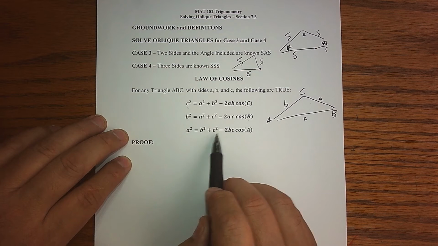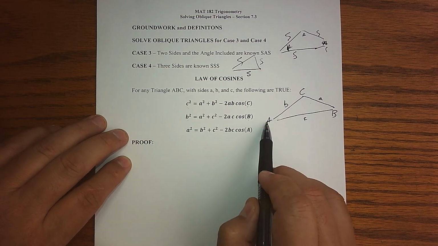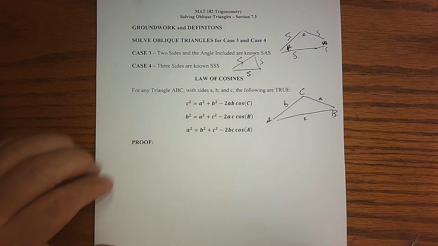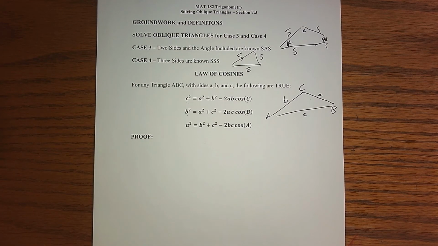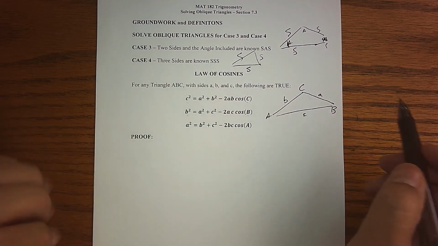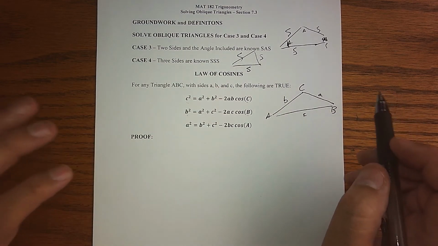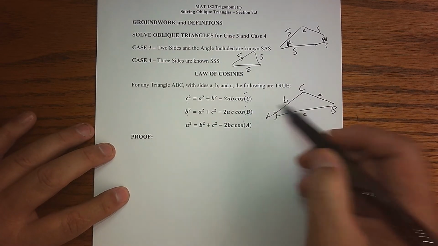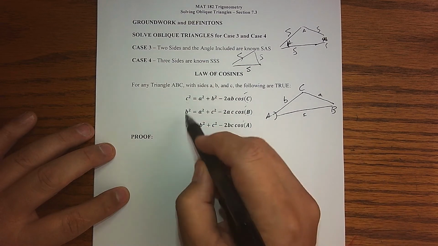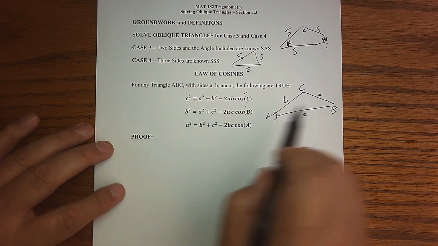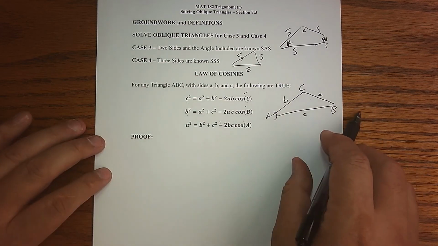And last but not least, if we have the cosine of angle A, then side a is the one isolated, and we get a squared equals, in terms of b and c, excuse me. So there are three routines. It just depends on what angle is involved in the cosine. The angle that's involved in the cosine, its corresponding side is the side that's isolated, and the other two sides are involved in the formula.